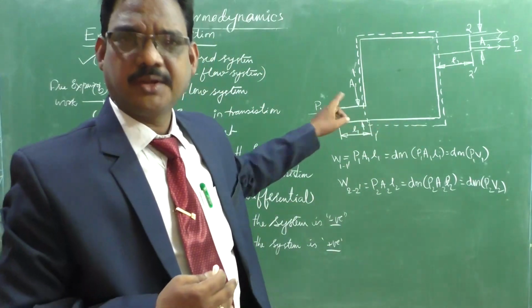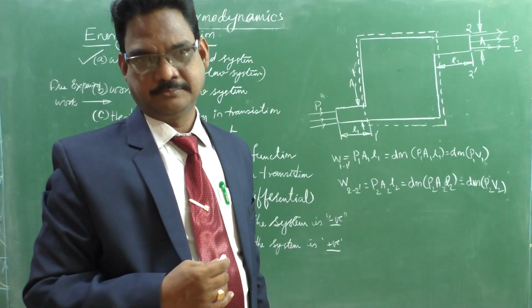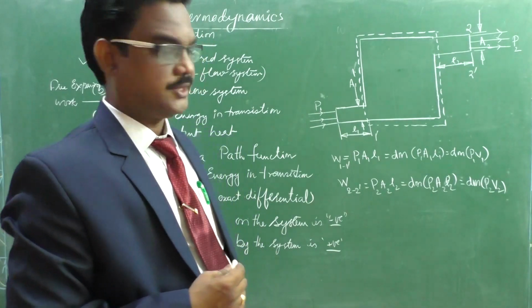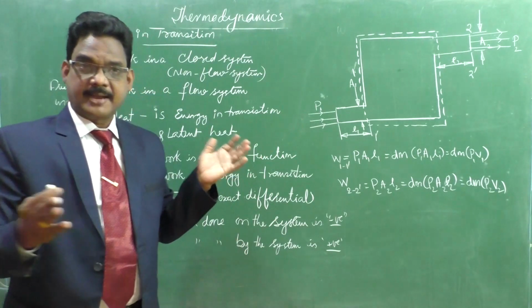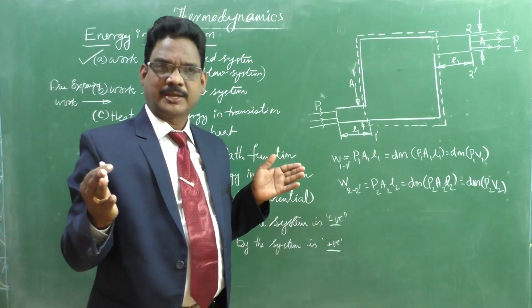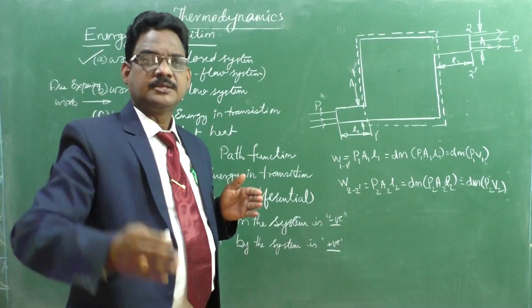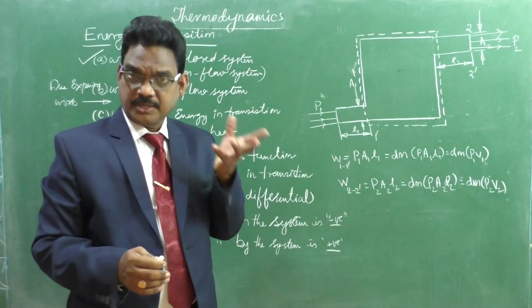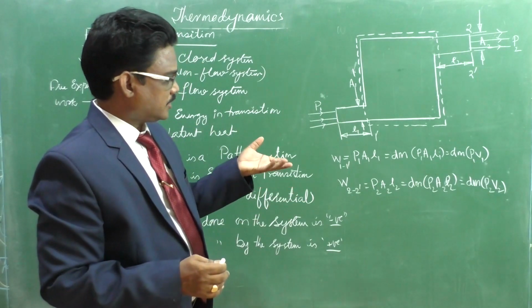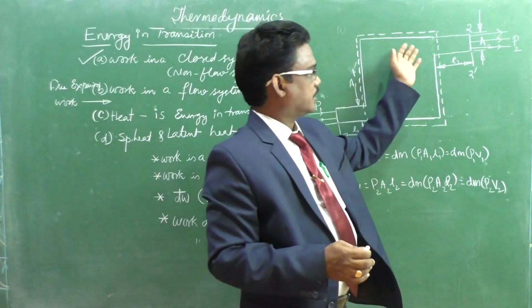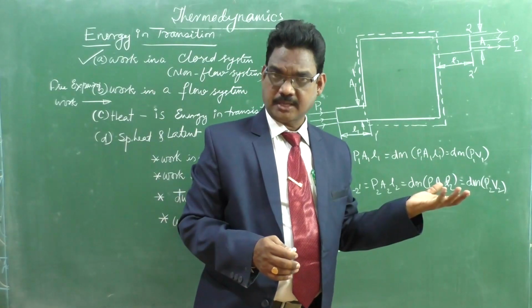Therefore, work is a boundary phenomenon. In the previous case also, by considering the boundary only we calculated the work, boundary crossing. Therefore work is a boundary phenomenon. Here, work required at the inlet boundary and work required at the outlet boundary is calculated.